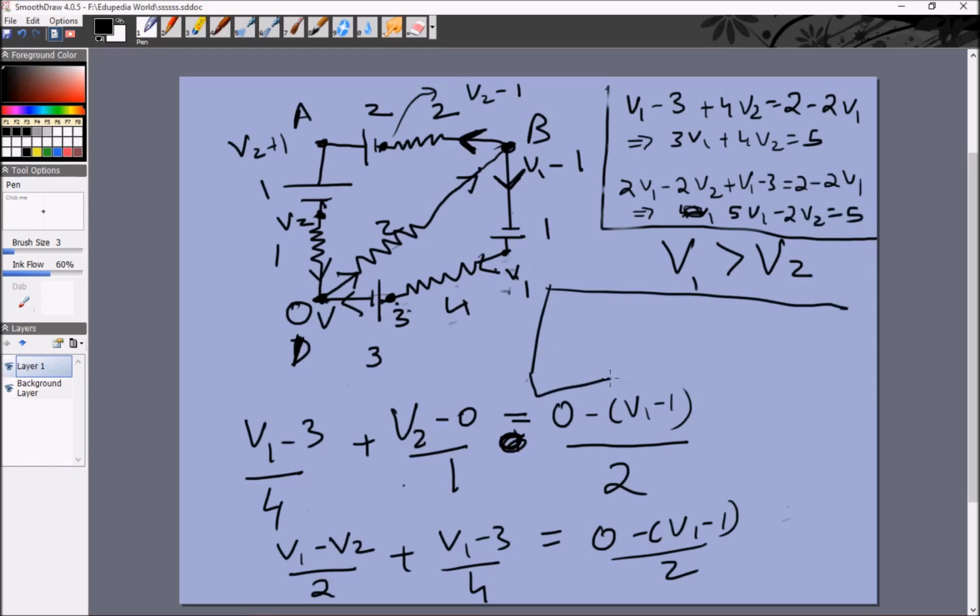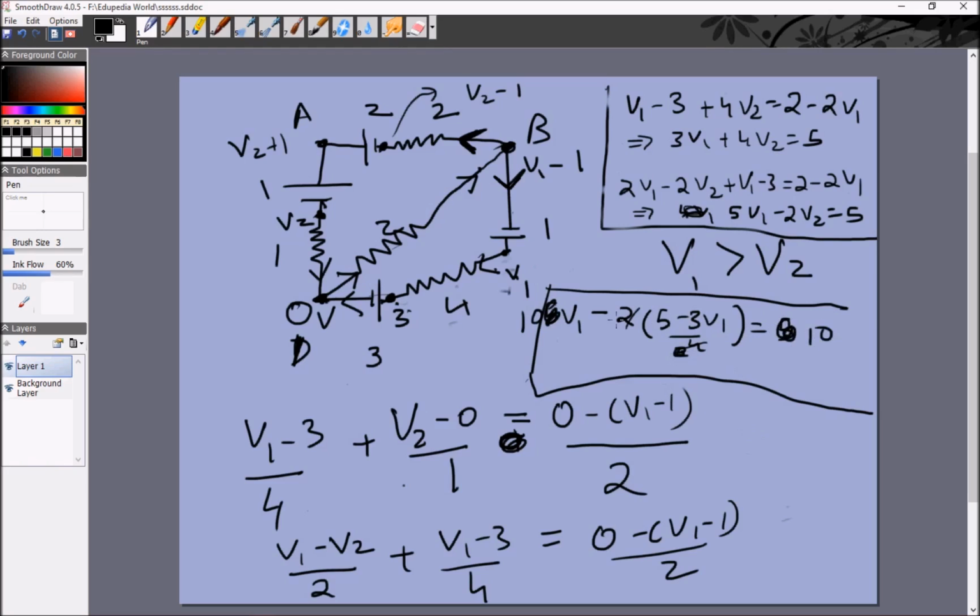Now the method I always prefer is substitution of one in terms of the other. I'll substitute V2 from here into here. So 5 V1 minus 2 times V2, where V2 will be (5 minus 3 V1) by 4, is equal to 5. This cancels, gives me 2. I'll just multiply by 2 here, so this will be 10 on both sides.